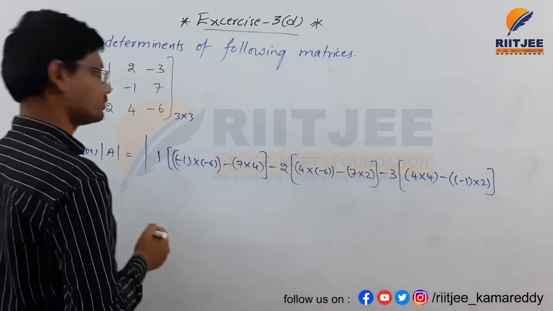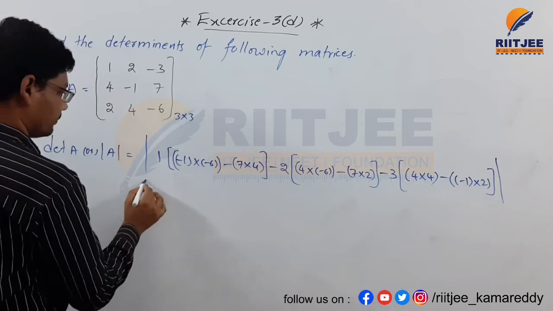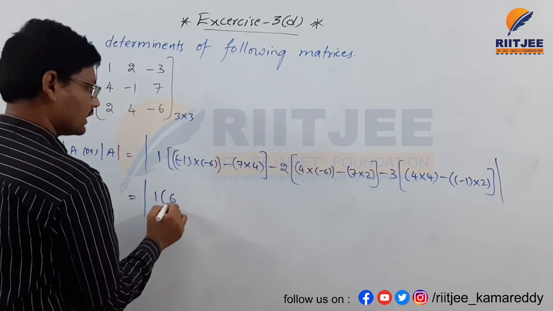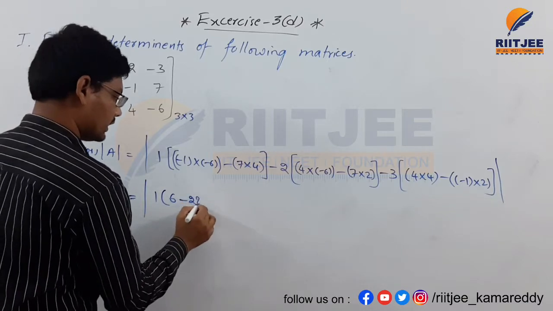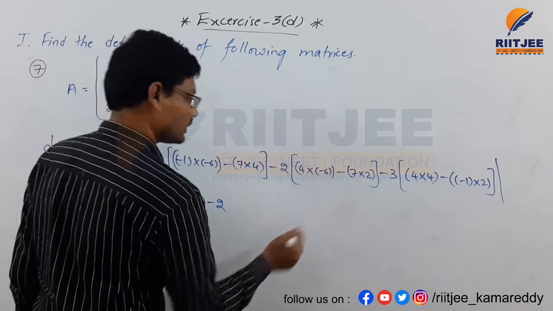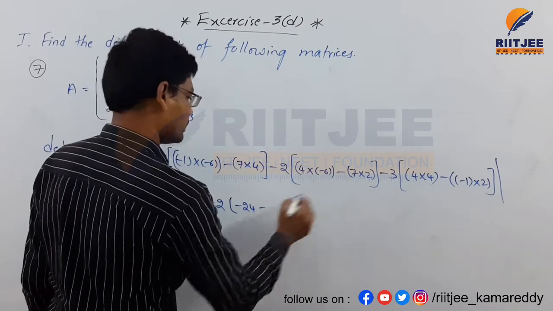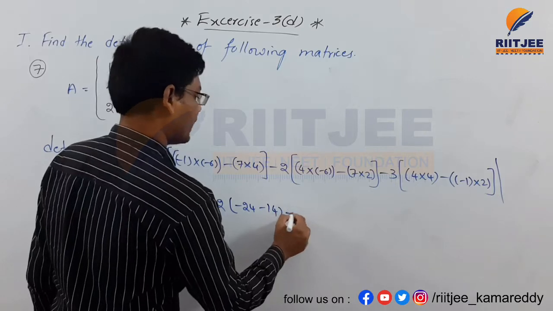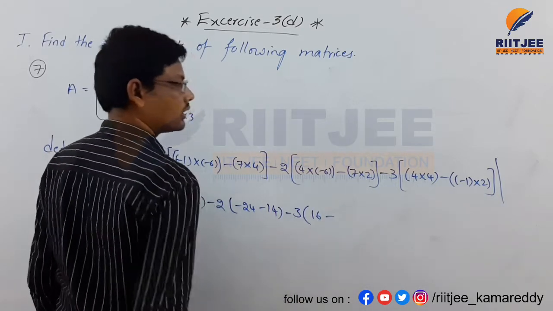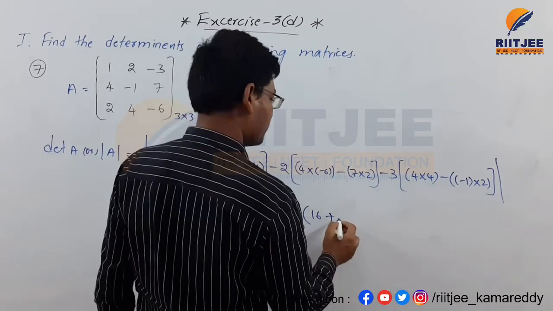And here the modulus is closed. And 1 into minus 6 minus 7 4s are 28, minus becomes plus. And minus 2 into 4 into 6 minus 24, minus 7 2s are 14. And minus 3 into 4 4s are 16, minus 1 into 2, minus into minus becomes plus 2 here.